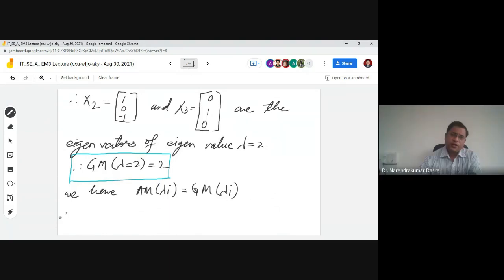Okay. And if this is a true statement, then we can say the given matrix A is diagonalizable.